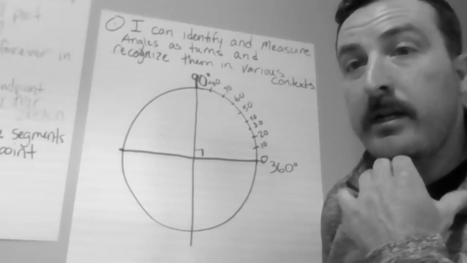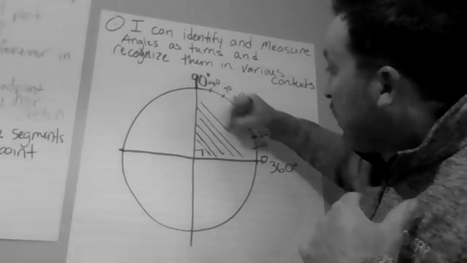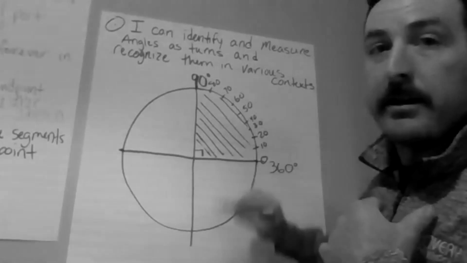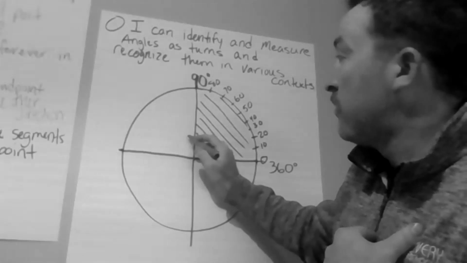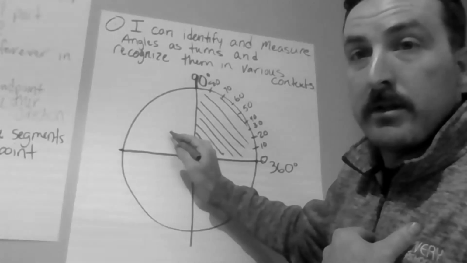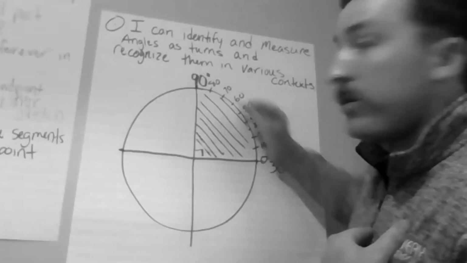Let's think about it. If this quarter is 90 degrees, and this quarter is the exact same size, how much is this worth? You guys are thinking too much. This quarter is 90.